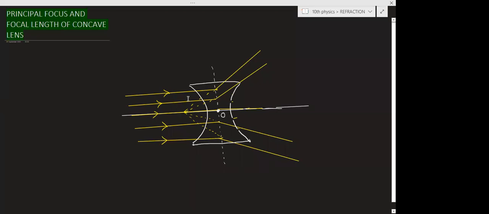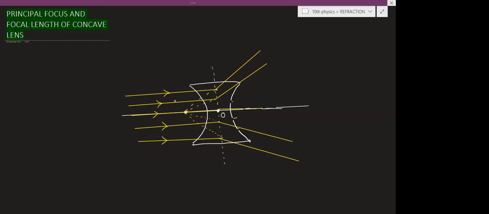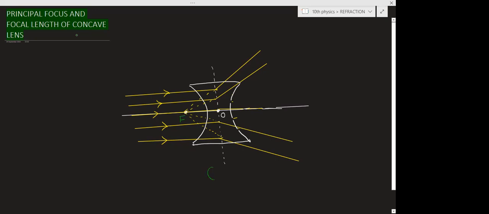So you can see here, rays are parallel, and after refraction, they are diverging. And when we produce this diverging ray in the backward direction, these rays just appear to meet at a point, and this point is called the focus. This point F is called the focus of concave lens. And this lens is known as the diverging lens because parallel rays after refraction diverge.